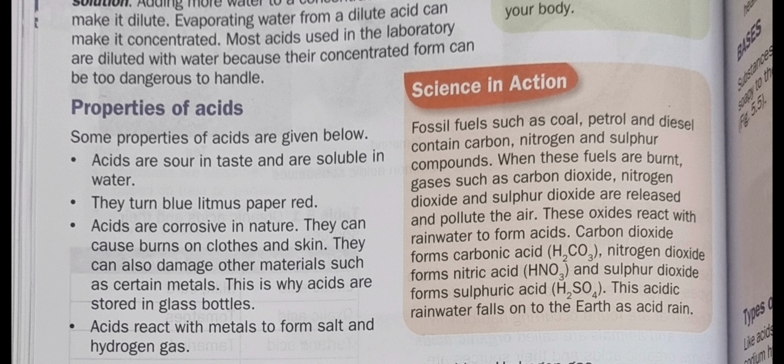These oxides react with rainwater to form acids. Carbon dioxide forms carbonic acid H2CO3, nitrogen dioxide forms nitric acid HNO3 and sulfur dioxide forms sulfuric acid H2SO4. This acidic rainwater falls on the earth as acid rain.